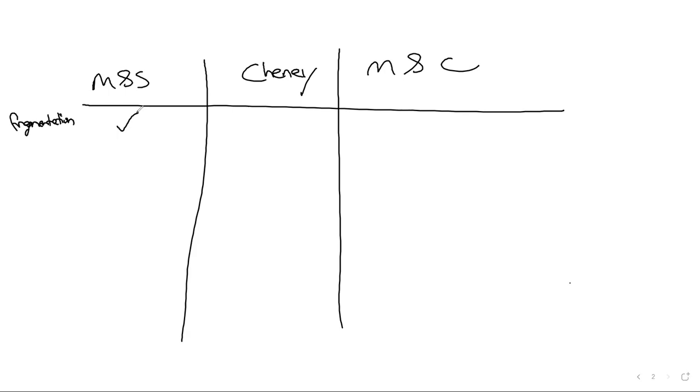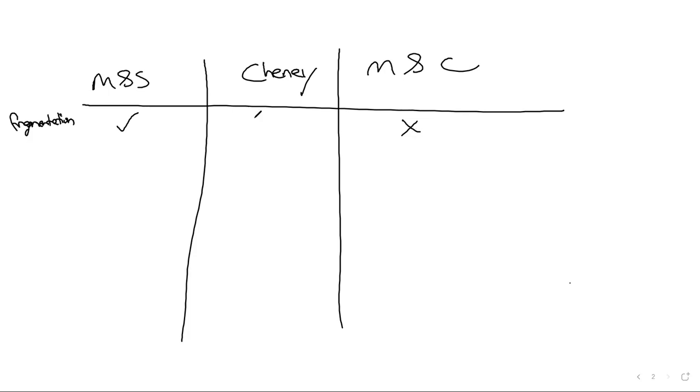The memory slowly gets fragmented, and mark and sweep is not going to know that. Mark and compact, on the other hand, fixes that problem because it does another pass on the memory, and it compacts all the live data into one location, and everything else becomes free.